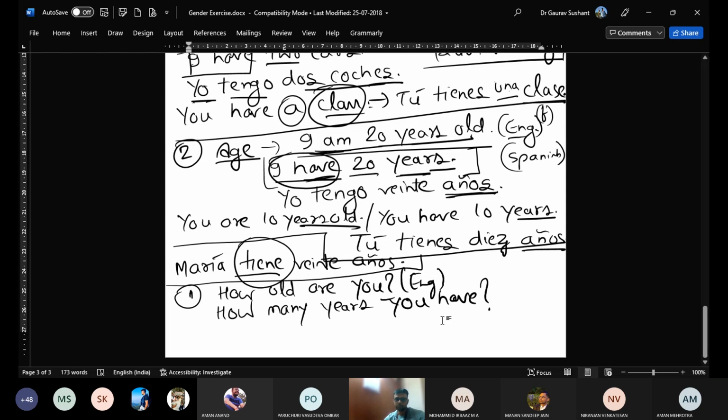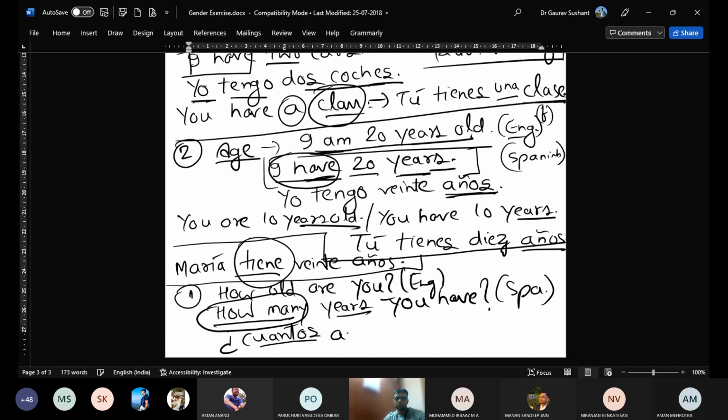To say how many, the word in Spanish is cuántos. And years is años. I have written it here also: años.